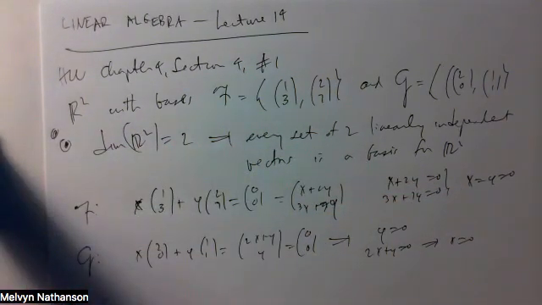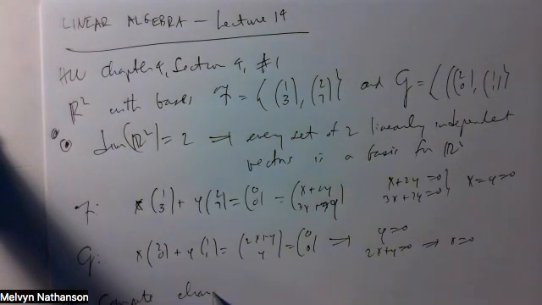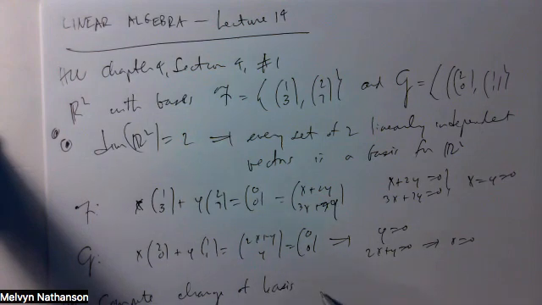In part B, we want to compute the change of basis matrices. Let me make sure I use the same notation for P and Q that I might have used earlier.